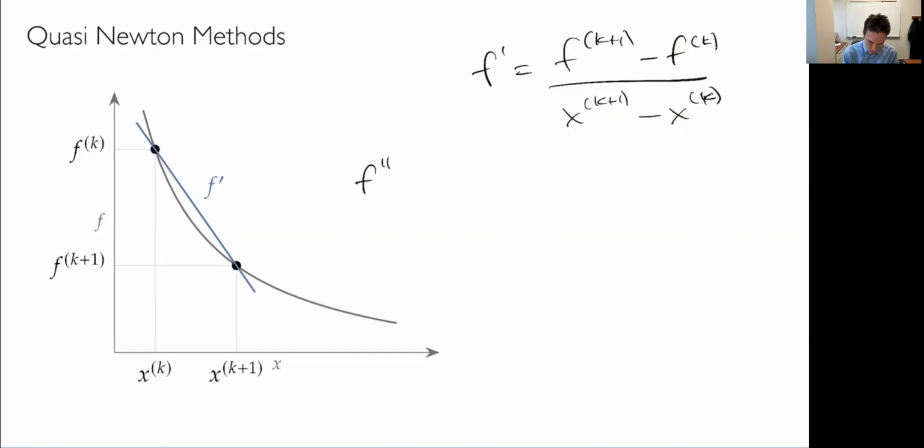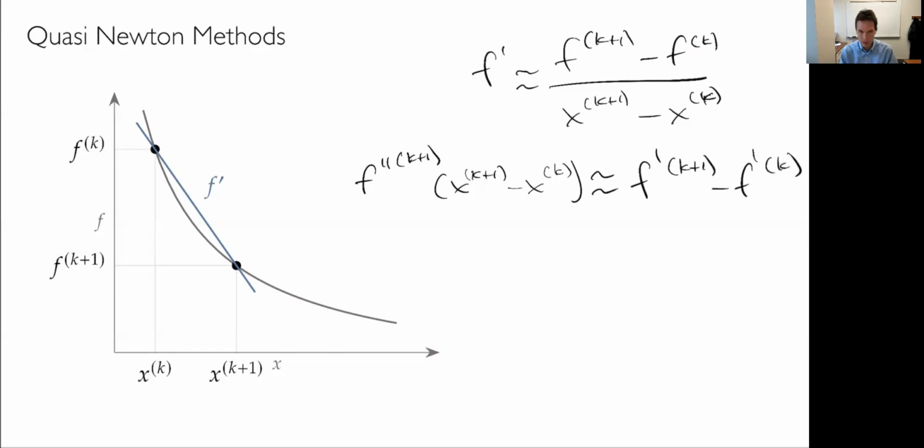So I could say the second derivative, for my next iteration, times the difference in the x values. This is an approximation, of course, and this is a difference in derivatives. I take my derivative in between my last two steps.